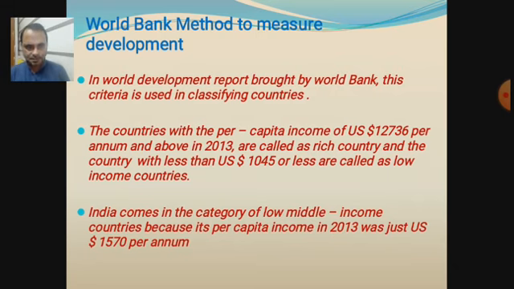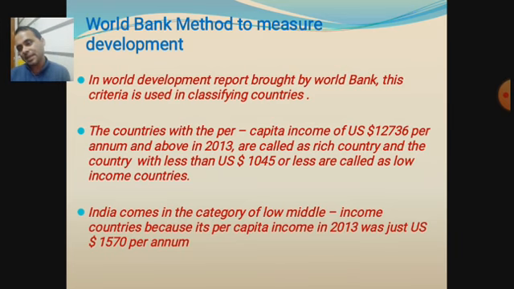And any person or nation earning less than 1,045 per annum is called a low income country. So they were called what? Underdeveloped nations.